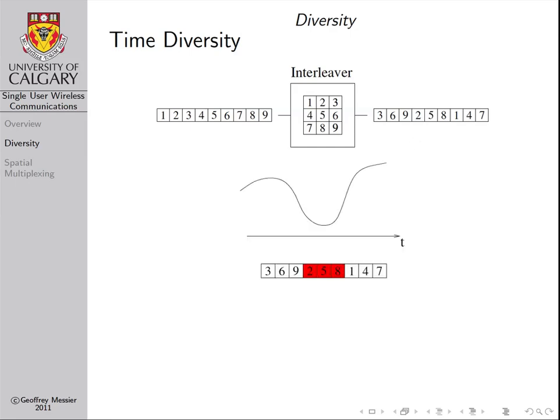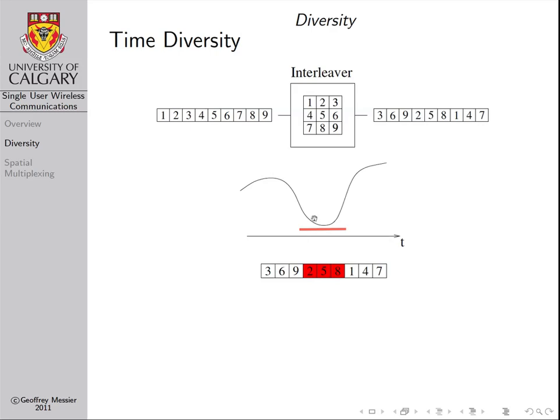Now, let's assume that our scrambled frame is transmitted over a fading channel, and what I'm showing with this curve here is basically the received power of the channel. And what happens is the first 3 bits experience relatively good channel conditions. The middle 3 bits, however, are subject to a fade. So I'm assuming that this is the interval over which a fade occurs, and then the channel recovers, and the final group of 3 bits experience good channel conditions again.